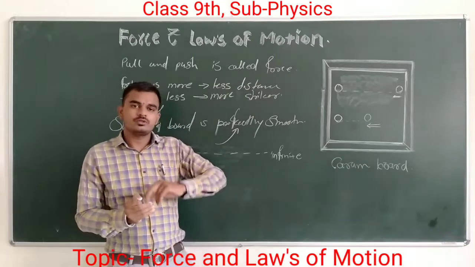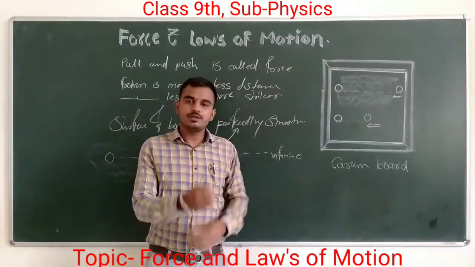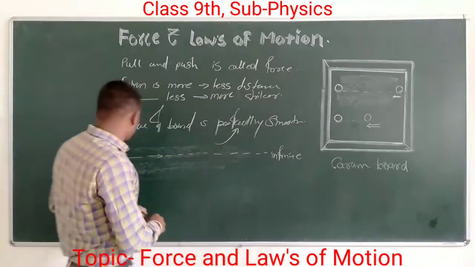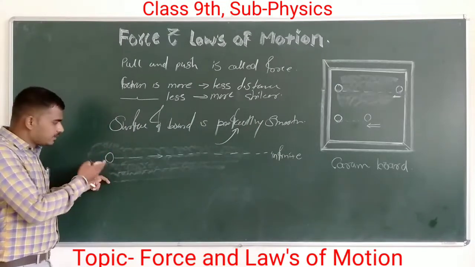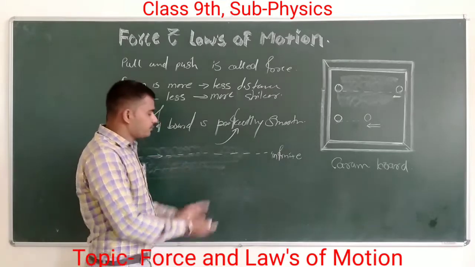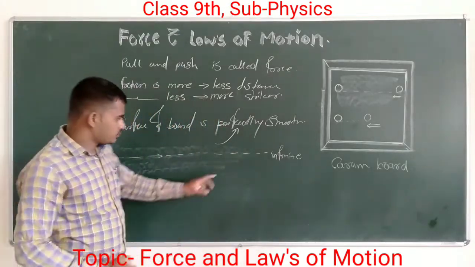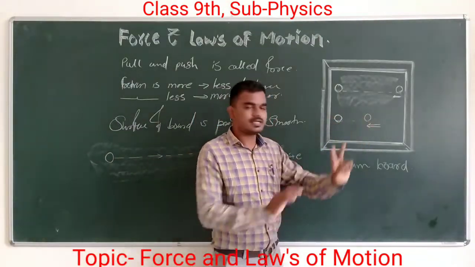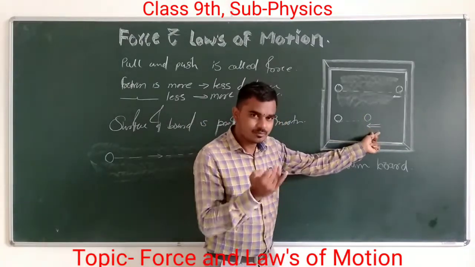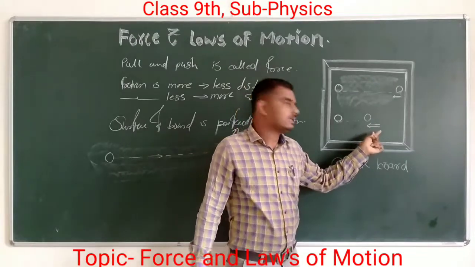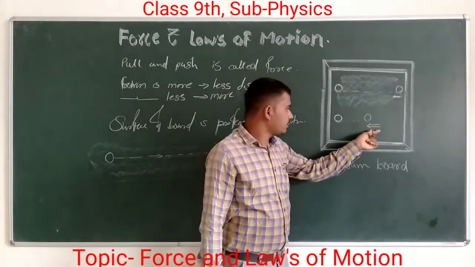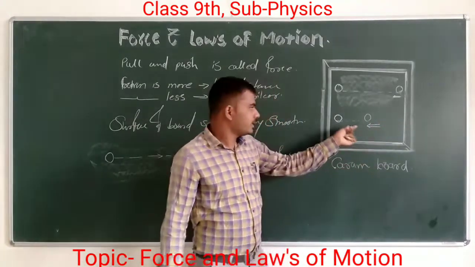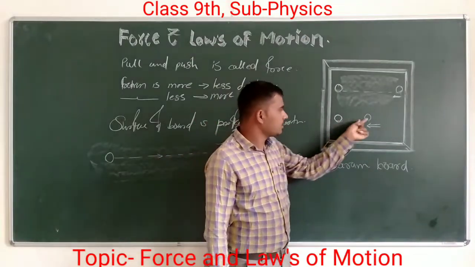Due to force, the object starts moving, and due to force, the object stops moving. If the surface is not perfectly smooth, the striker covers some distance and stops because of the frictional force, due to that uneven, rough surface.